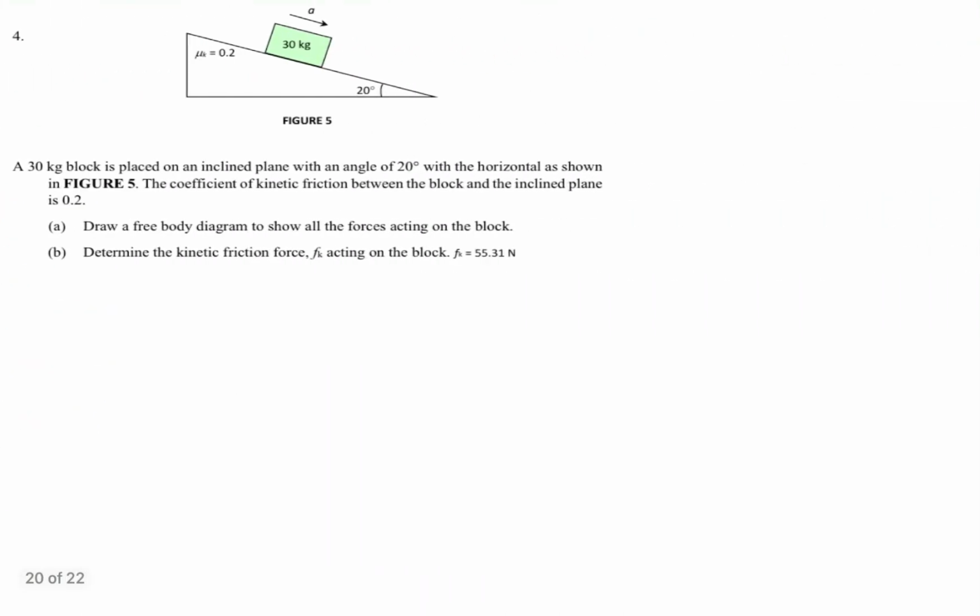Okay, then next is number 4. So for number 4, you have a 30 kilogram block is placed on an inclined plane with an angle of 20 degree. As shown in figure, the coefficient of kinetic force between the block and the inclined plane is 0.2. So now draw a free body diagram, and also you have to determine the kinetic force Fk.